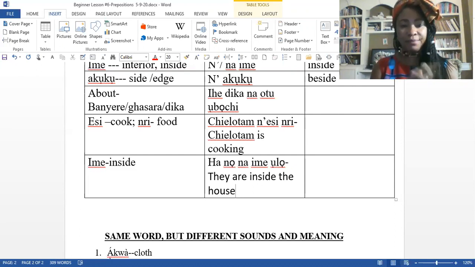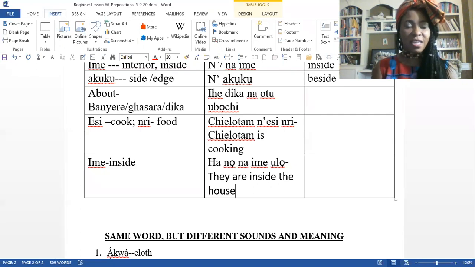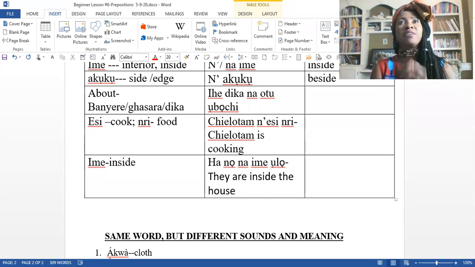I love that. Okay, so any other person who wants to try to make a sentence? Amarachi. Amarachi, go on. Mommy na esi aki. What are you trying to say?